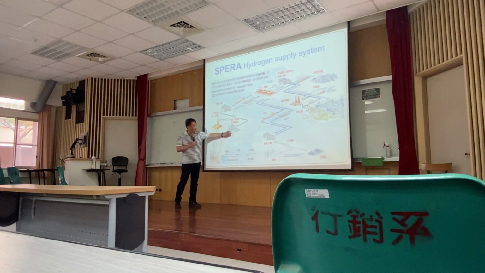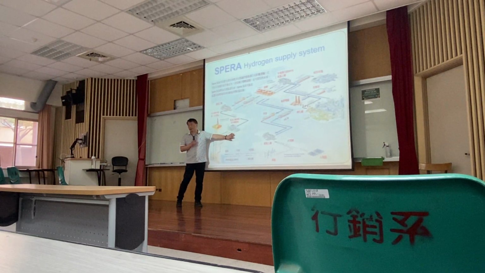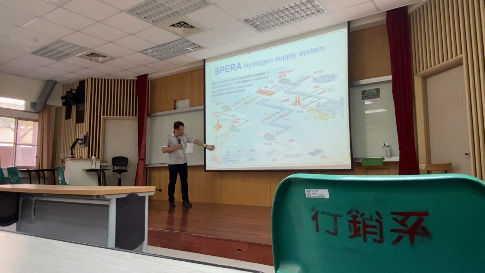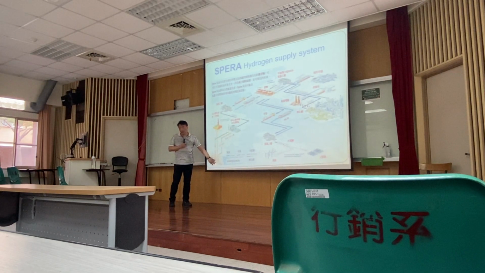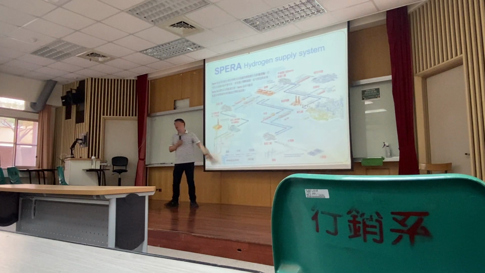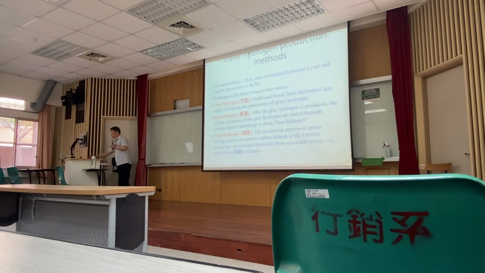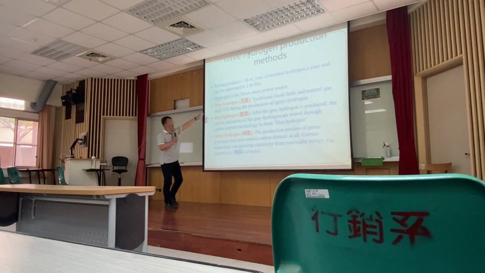And carbon dioxide we can just catch during the separation process and put it underground. So the hydrogen we get here, they call gray hydrogen. So that's called gray hydrogen.